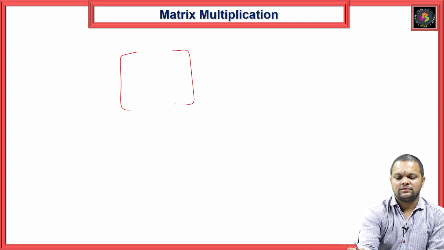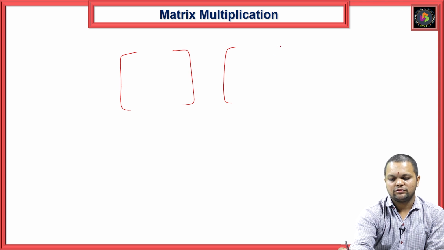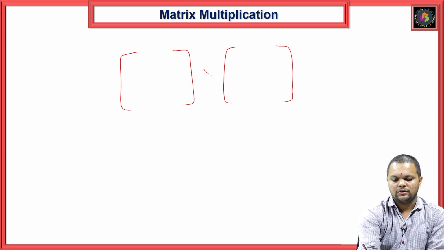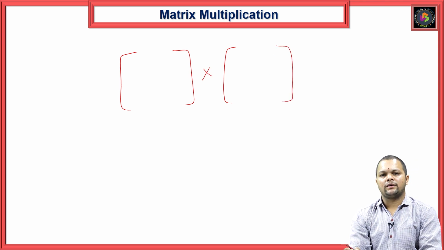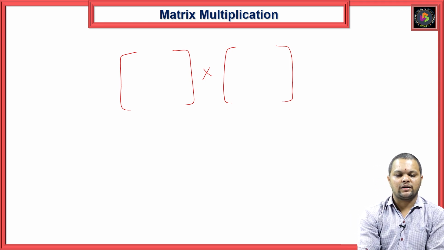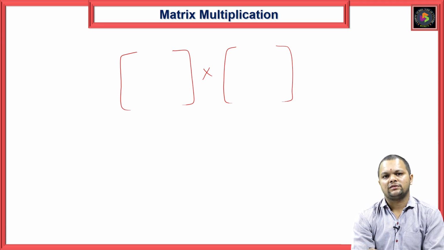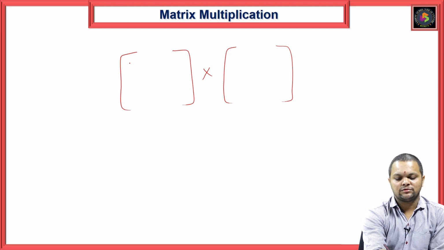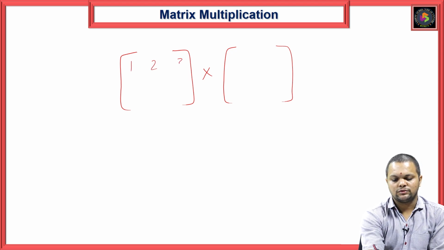If I say this is a matrix, this is one more matrix. So I want to multiply two matrices. This is the first matrix and this is the second matrix. Let me say in this matrix we have some values 1, 2, 3.